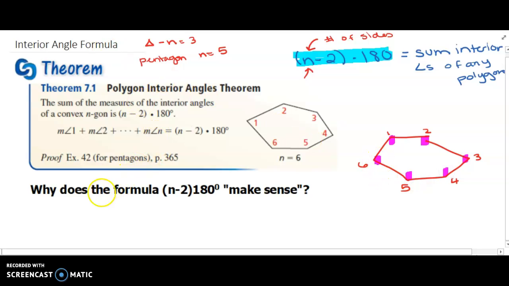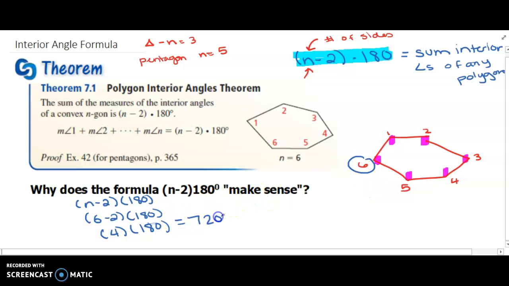In order to find that, we would use n minus 2 times 180. Our n here, we have 6 sides, so it'd be 6 minus 2 times 180, or just 4 times 180. And if I put 4 times 180 in my calculator, I get 720 degrees. So if I add up all these angles here, it would equal 720 degrees. And that's for every single hexagon.